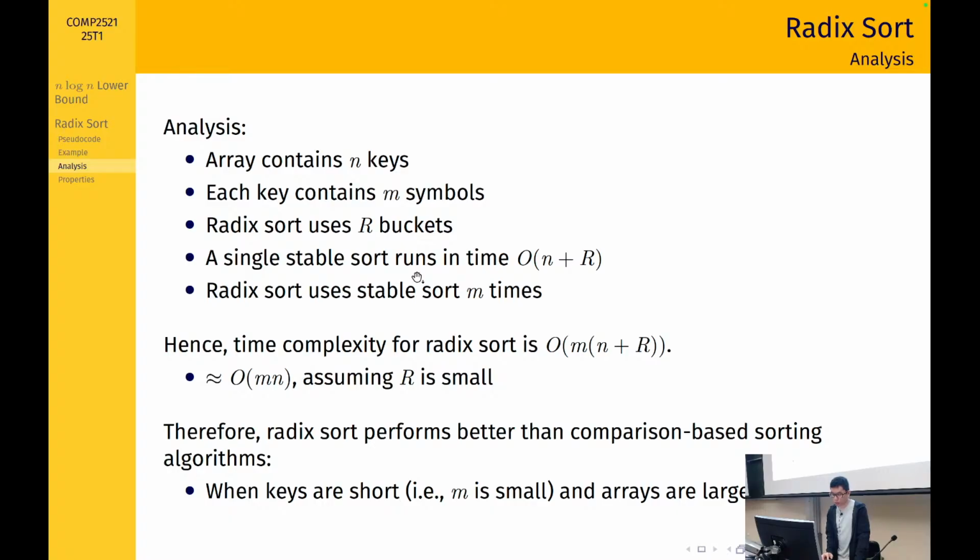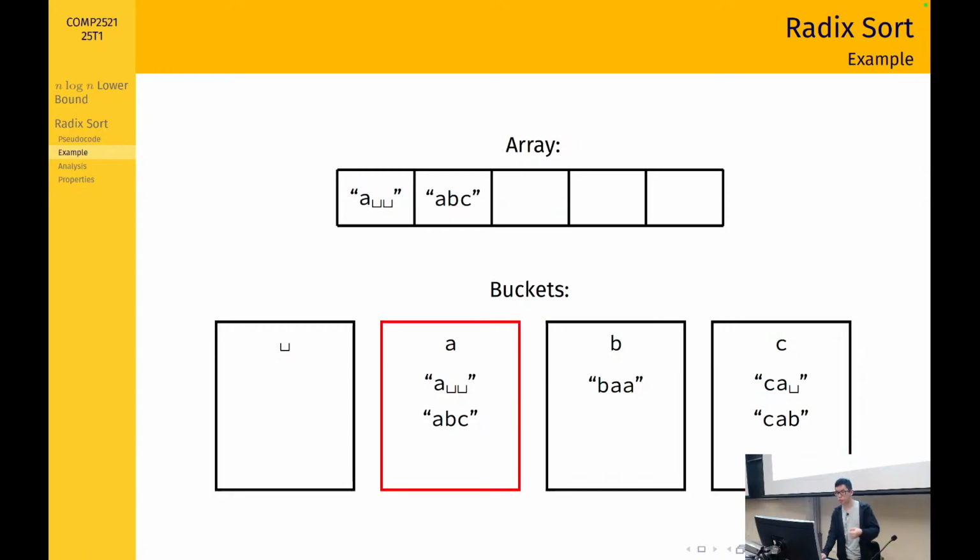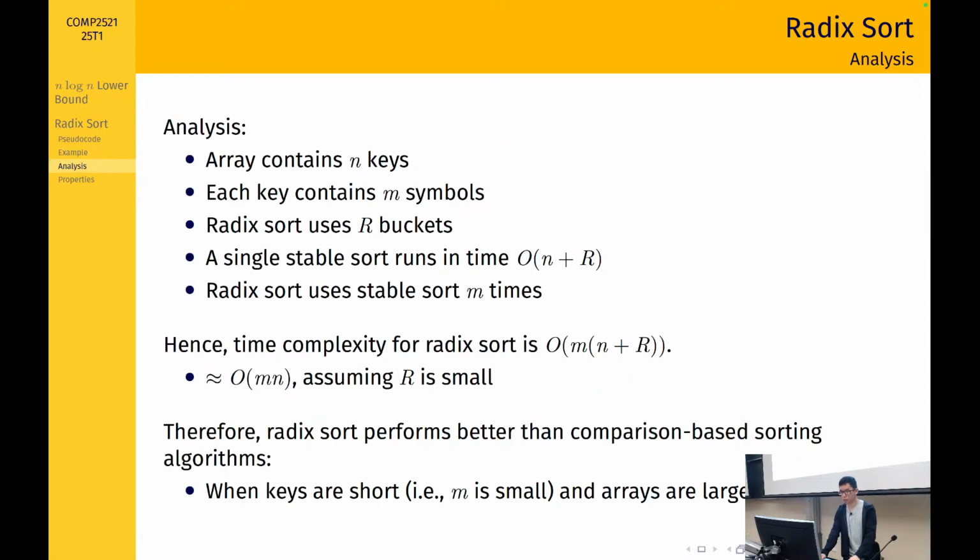Okay, so remember, radix sort performs this stable sort m times, right? One for each symbol. So in this case, we performed the stable sort 3 times because each key has 3 symbols.